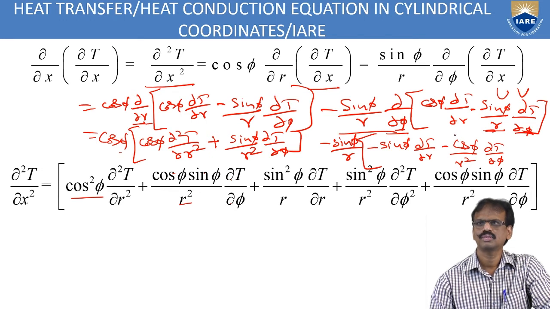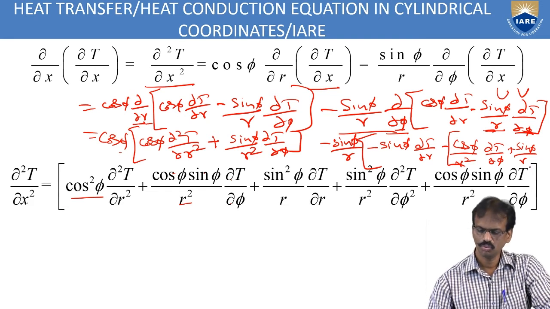So next, the second term. The second term is v'u, which is equal to plus sin φ by r into v', which is ∂²T/∂φ².